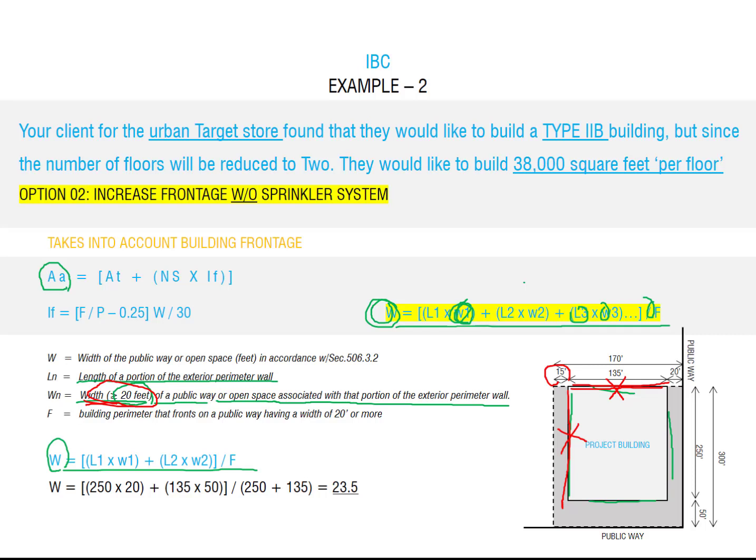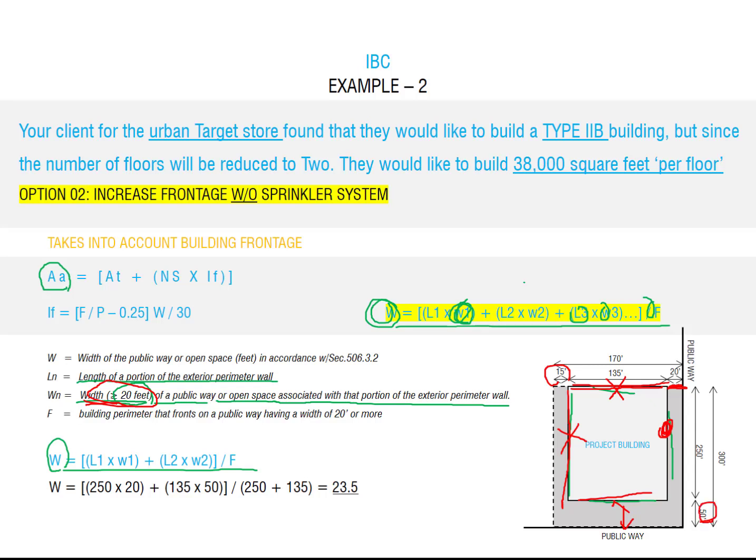Now about this line, you can see the frontage is 20 feet here. It means it is more than 20 feet, so you have to include this number. And for this side, from the open space and public space, it has a 50 feet distance, so you have to include this number.